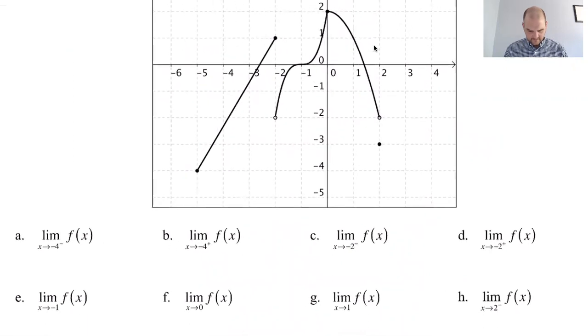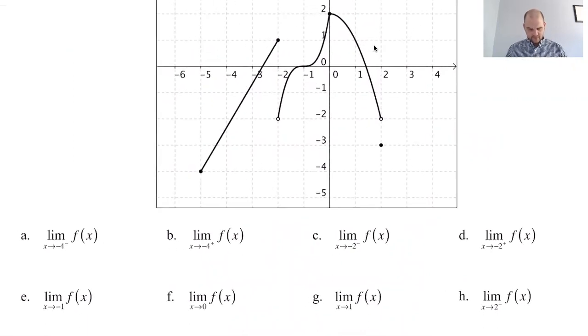So limit as x approaches -4 from the left. All right, -4. I'm looking for that, but it's not a nice value. So I'm gonna use my thing where I do the slope, right? If I go over 3, and then going up 1, 2, 3, 4, 5, the slope is 5/3.